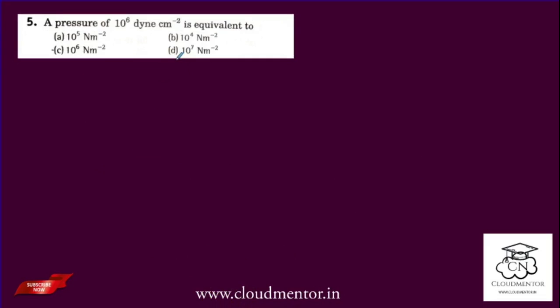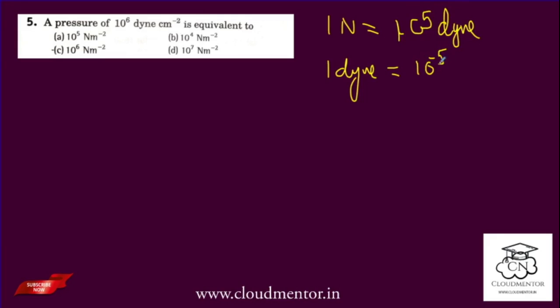A pressure of 10 raised to 6 dyne centimeter raised to minus 2 is equivalent to. Here the options contain Newton and meter, which are the SI units. So we have to convert dyne and centimeter to the SI units. We know that 1 Newton is equal to 10 raised to 5 dynes, so 1 dyne will be equal to 10 raised to minus 5 Newton.